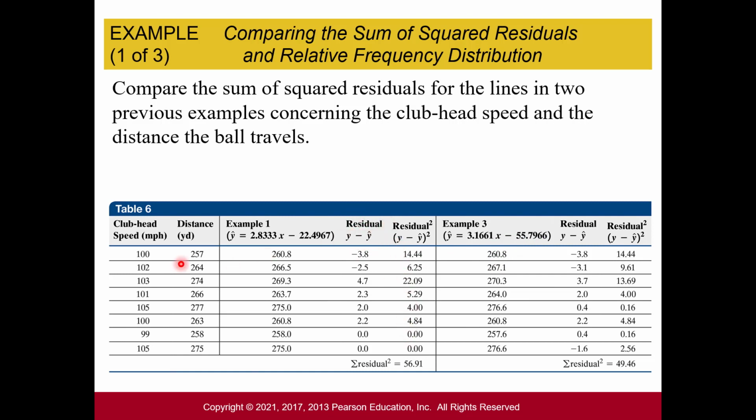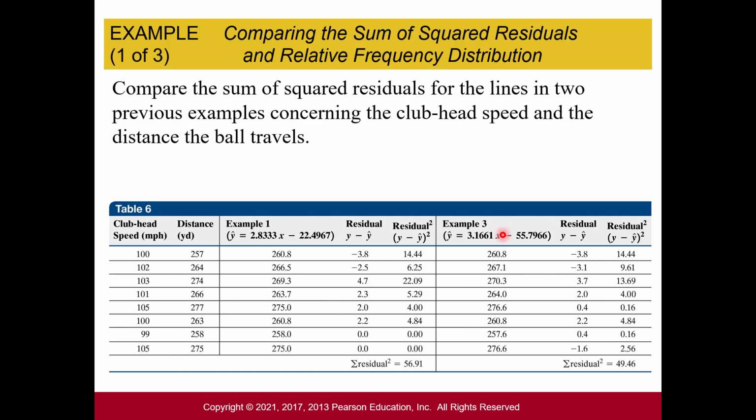So for each data point, using our equation 1, I'll call it, we have the residual by just taking our original response variable value and subtracting our predicted response variable value. And so here are our residuals, and then this is just them squared, and here's the sum of the squares of the residuals for that equation for y hat.